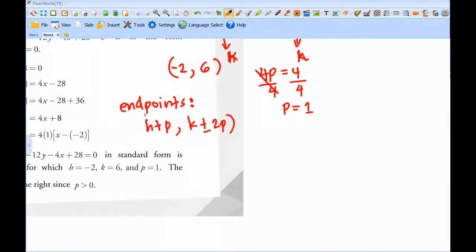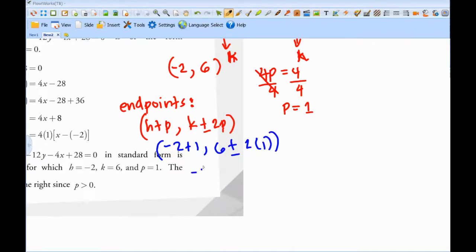All right. So what is our h given? The h is -2, so -2 plus 1, and also k is, what's our k? 6 plus and minus 2p.